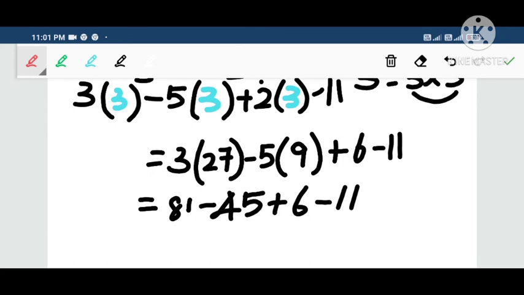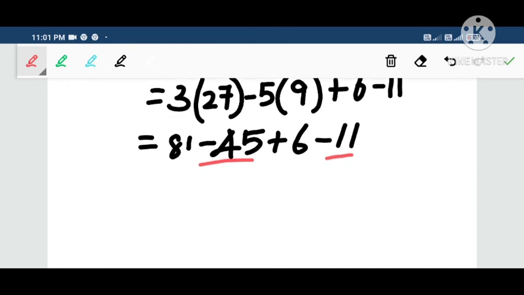Here you can see minus 45, minus 11. Already you know that in integers many values are there, so you are supposed to separate the positive values and negative values by the symbol. After that you go with addition and subtraction. First I want to do that separation.